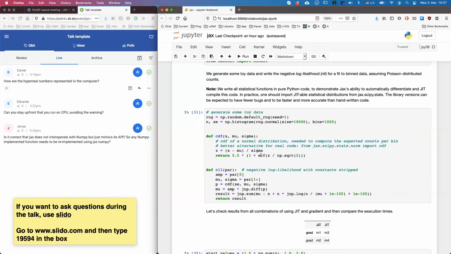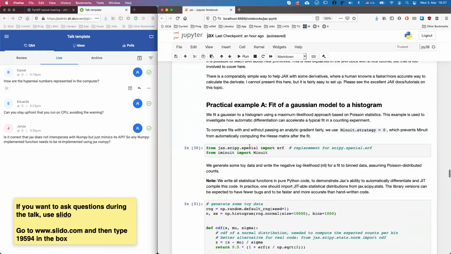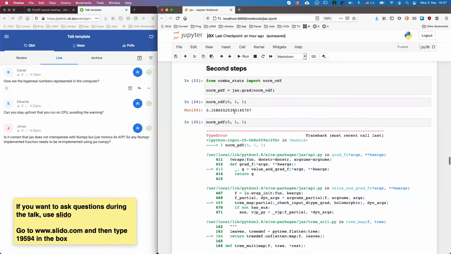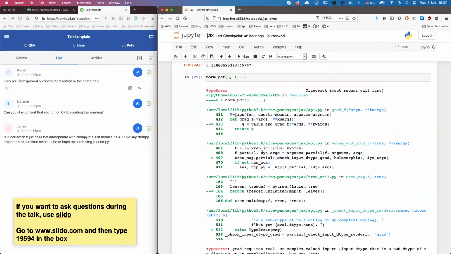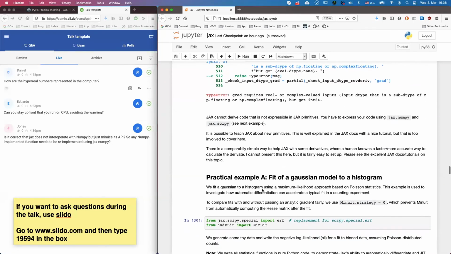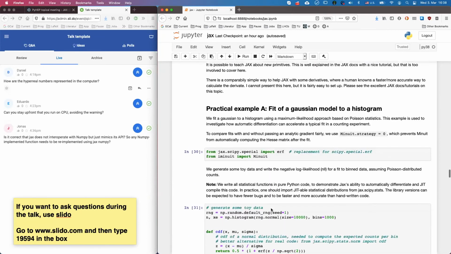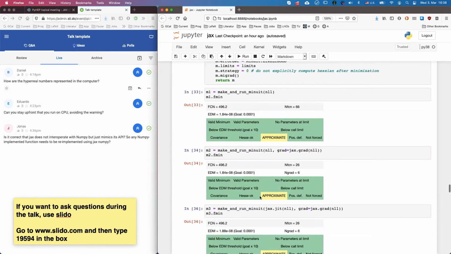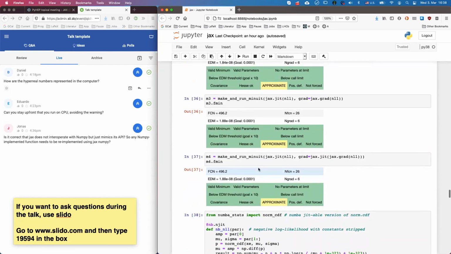I just have to make sure that I import the error function from JAX instead of SciPy. And likewise before, if I've written some function that used NumPy, the chances are very, very high that I can just replace all the np by jnp and then it will work. That's what I can tell you, but it will not work with any code automatically.